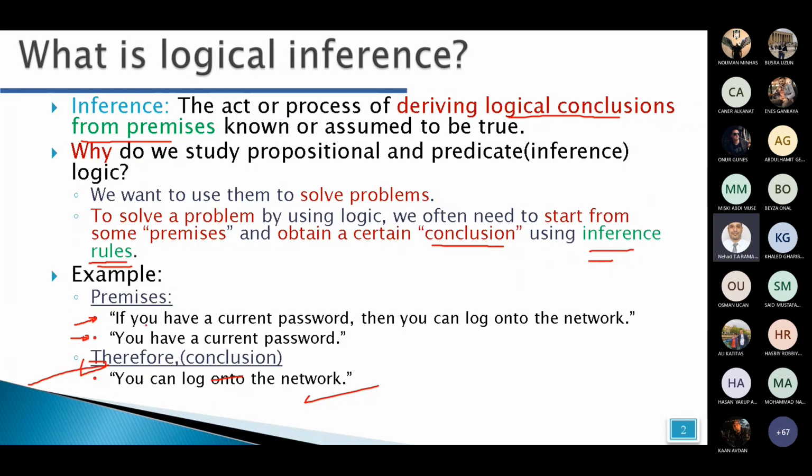Okay, it works like this. We have premises and we have a conclusion from these premises. Sometimes it's not clear like this. We need to prove that our inference here is correct, or that the statement is correct.